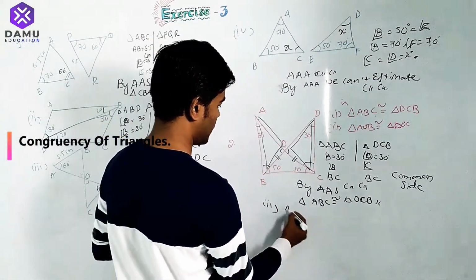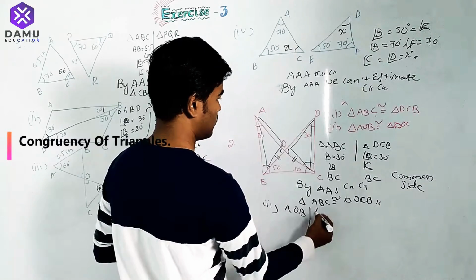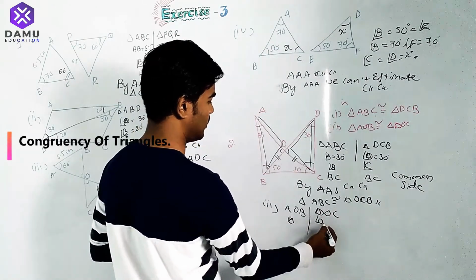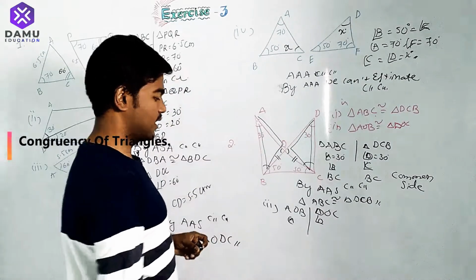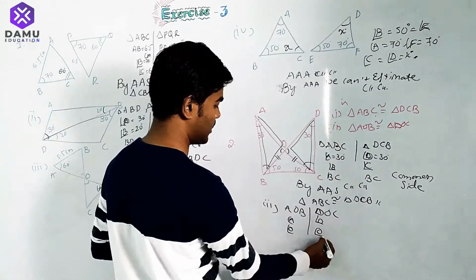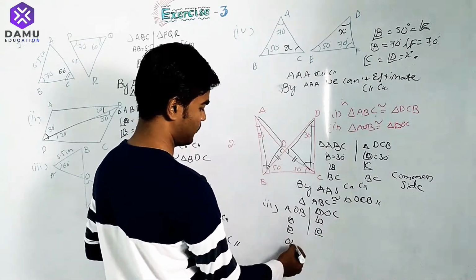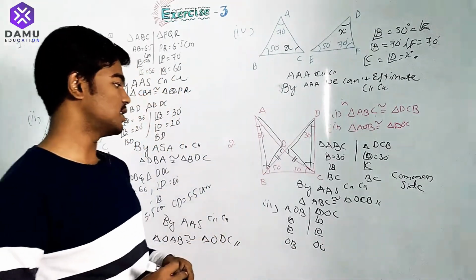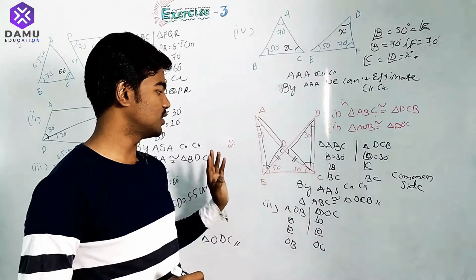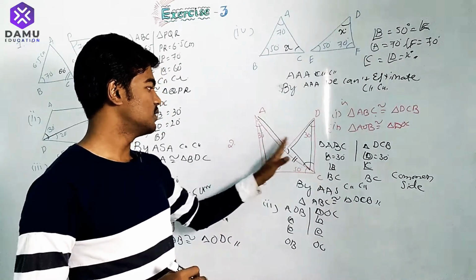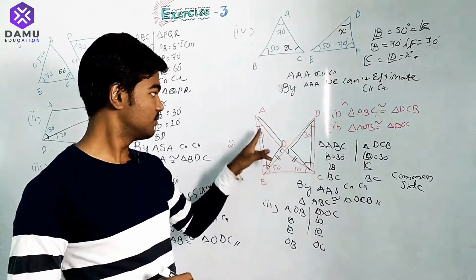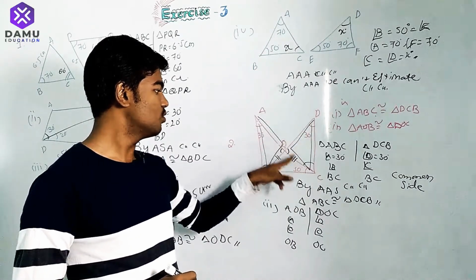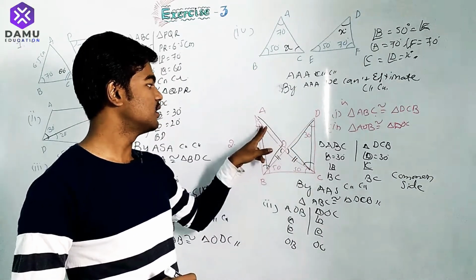So here AOB and DOC. Angle A and angle D will be equal. Then angle O will be equal. Then OB and OC. We don't know the measurement, but AO, OB, DO, OC, and angles are here.